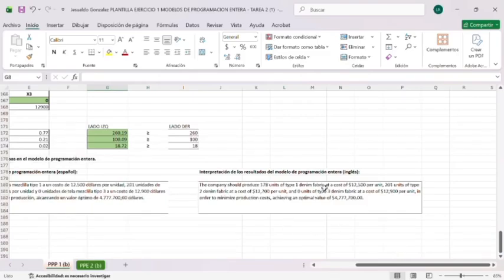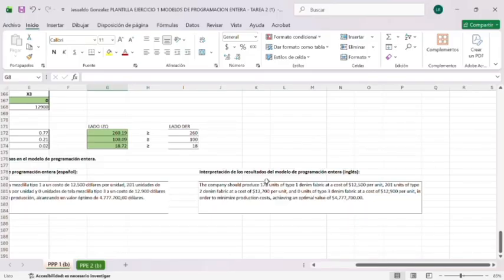The company should produce 178 units of type 1 denim fabric at a cost of 12,500 per unit, 201 units of type 2 denim fabric at a cost of 12,700 per unit, and 0 units of type 3 denim fabric at a cost of 12,900 per unit. In order to minimize production costs, achieving an optimal value of 4,777,700 dollars.